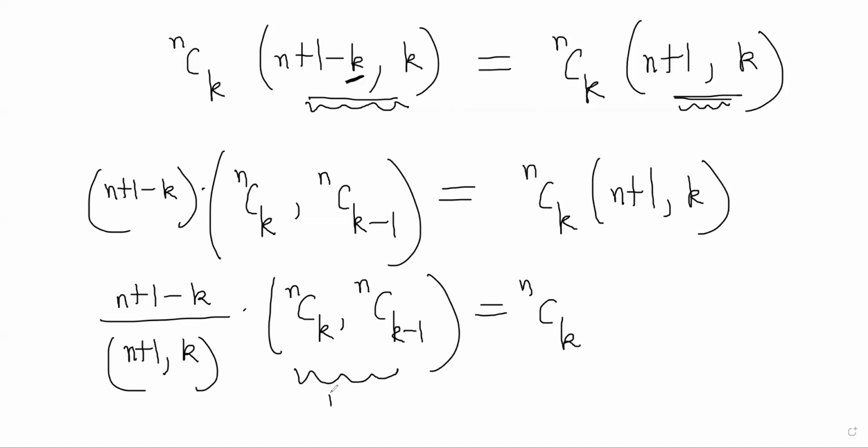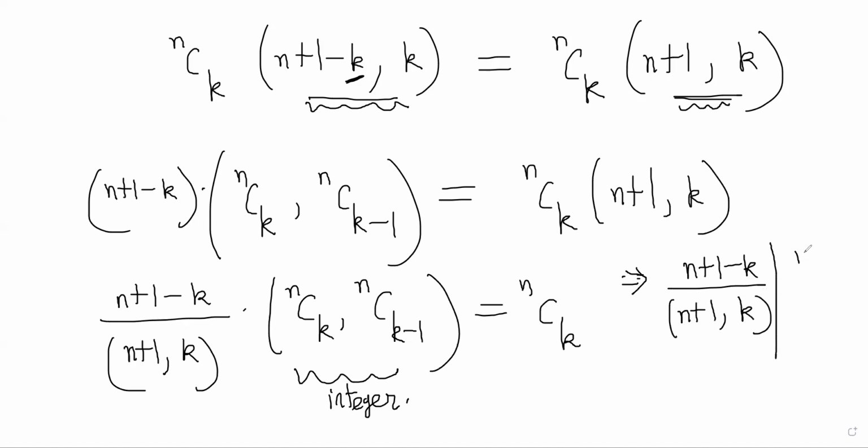Now, this is an integer because it's a GCD of two binomial coefficients. So what we have shown is that n plus 1 minus k divided by GCD of n plus 1 and k divides nCk. It's the same kind of proof as the previous part, established using some binomial identities.